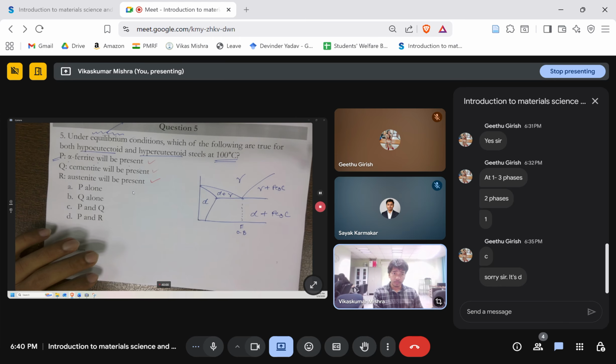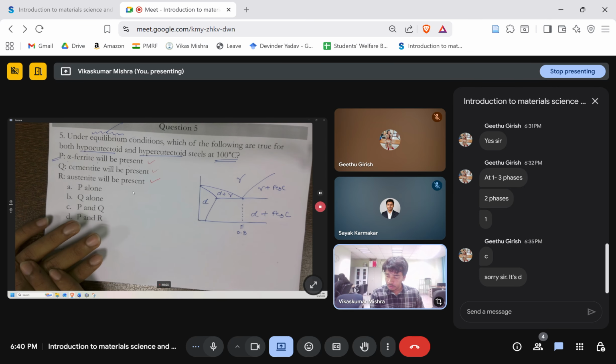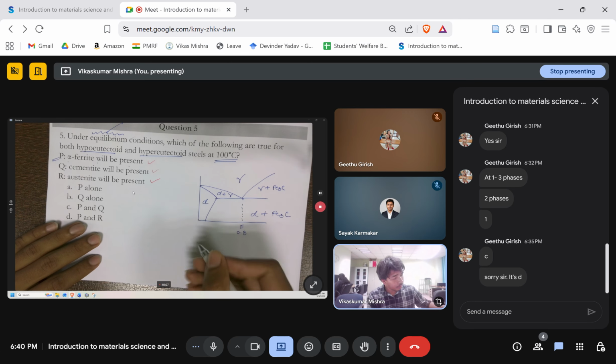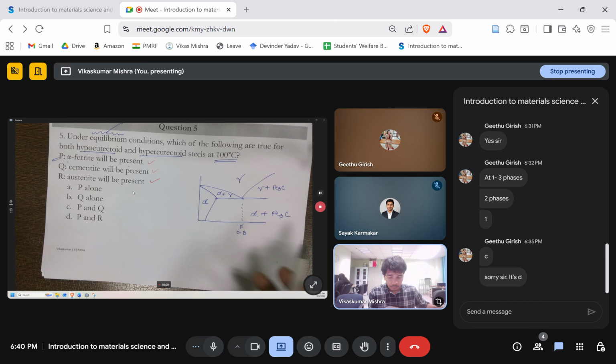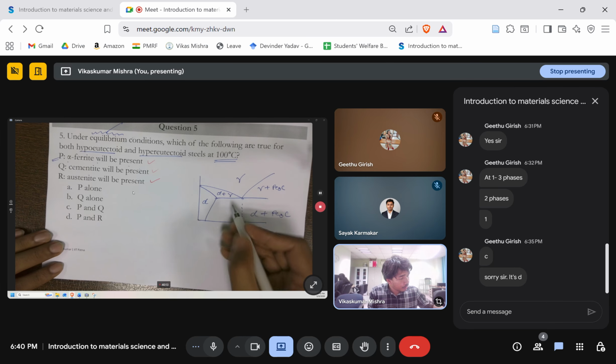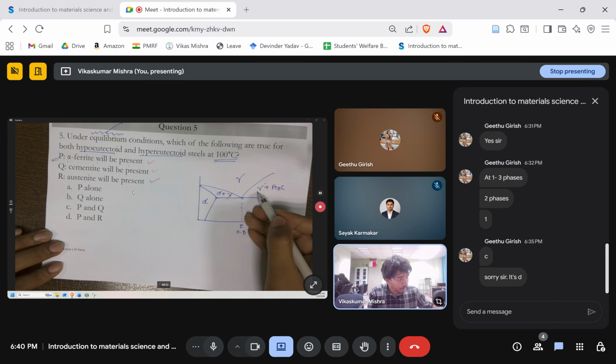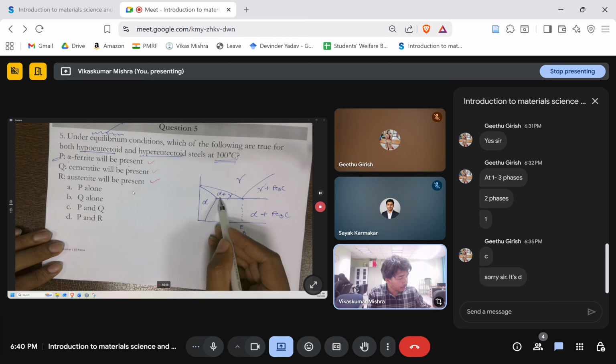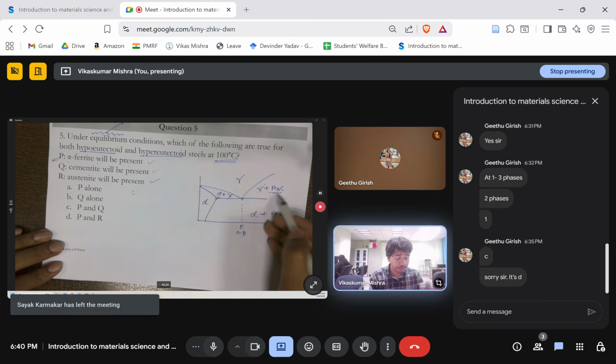Okay, clear. Now what we can see is that gamma was there, it got transformed entirely to ferrite and cementite.